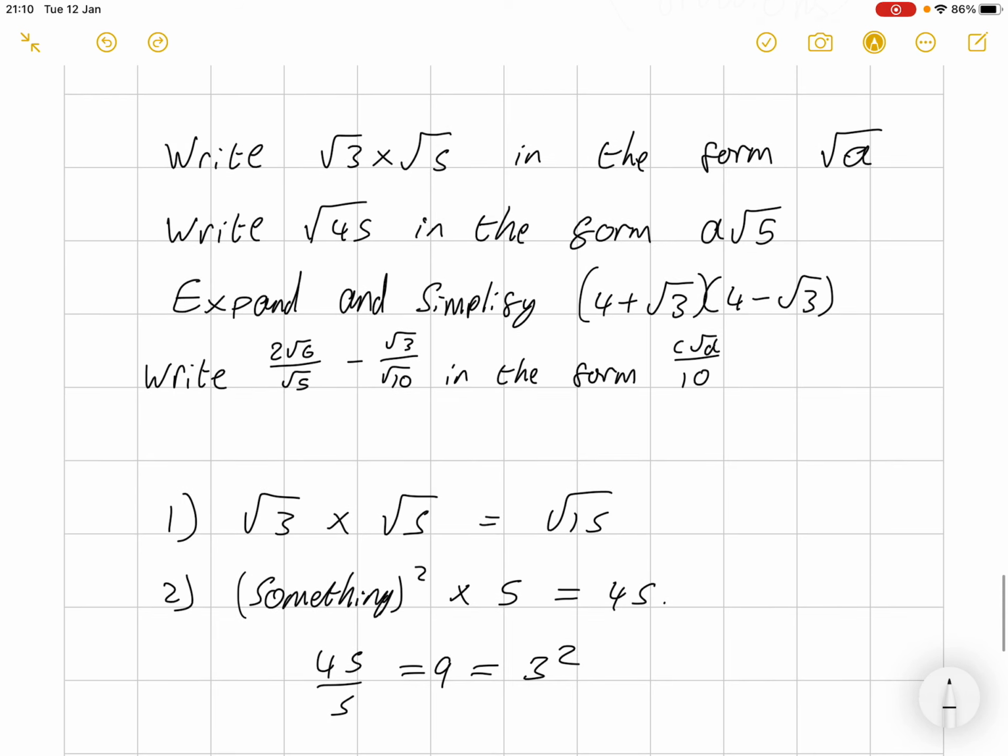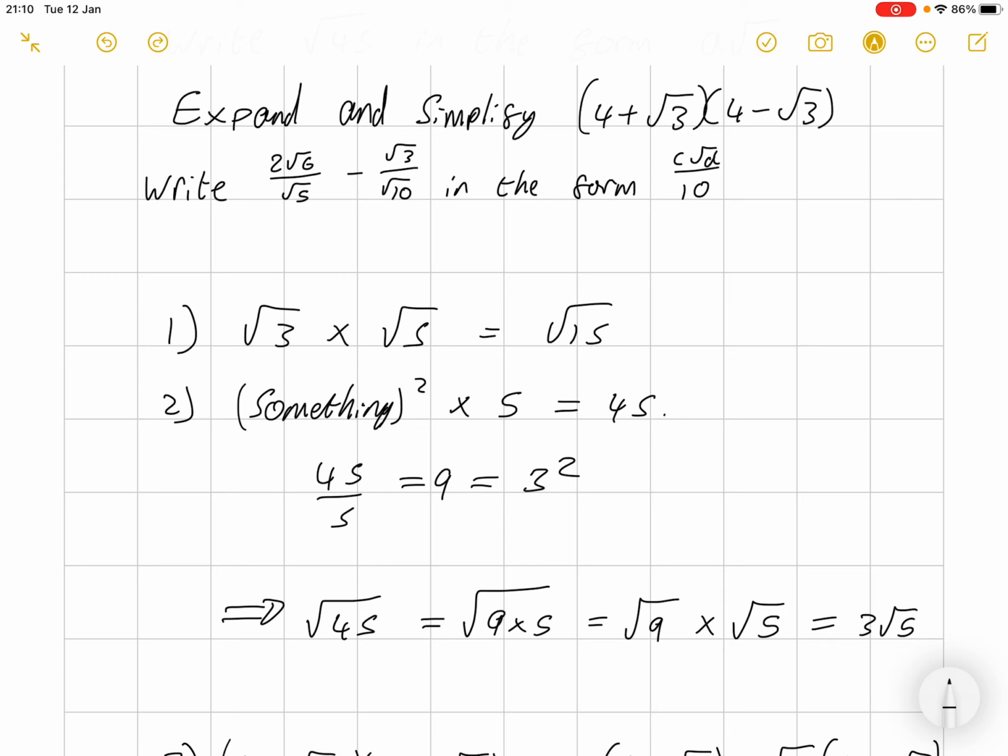And lastly, question 4, bit of a long one, but not too much work, maybe 4 or 5 marks. These are both 1 mark questions. This is maybe a 2 mark question. And this is a 4 or 5 mark question.